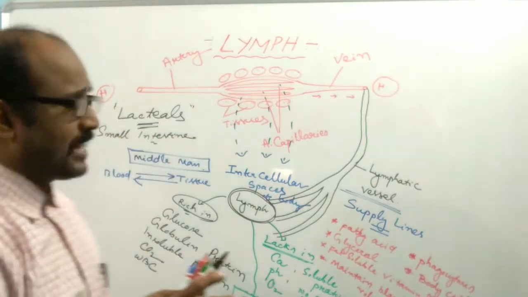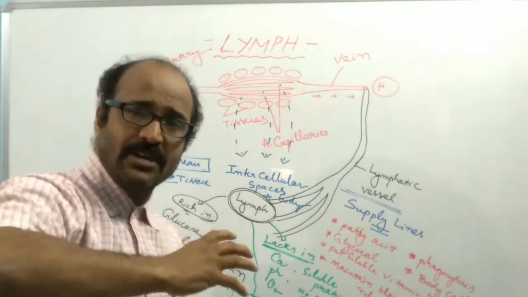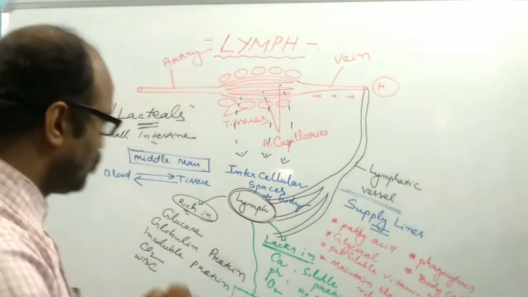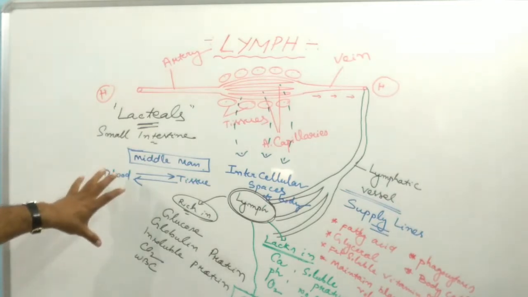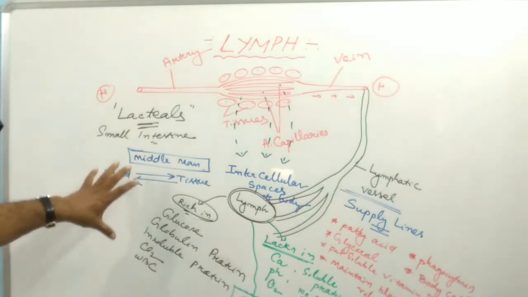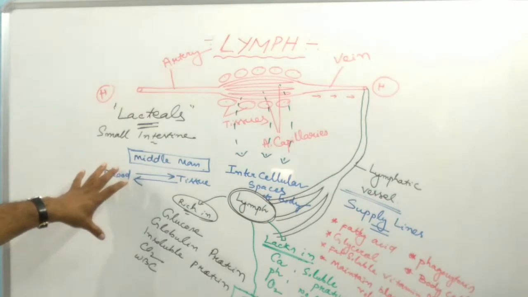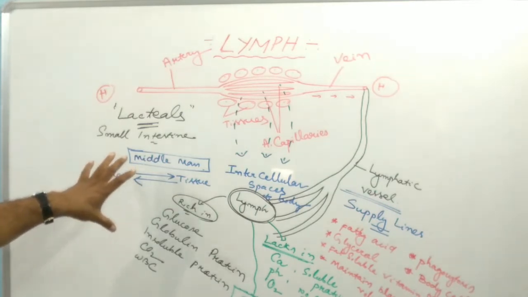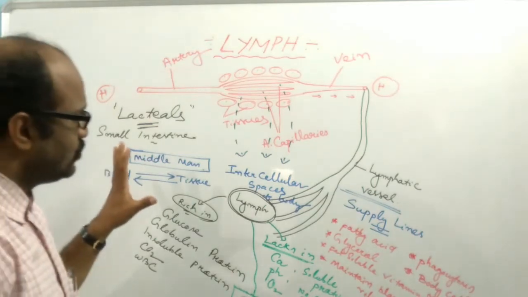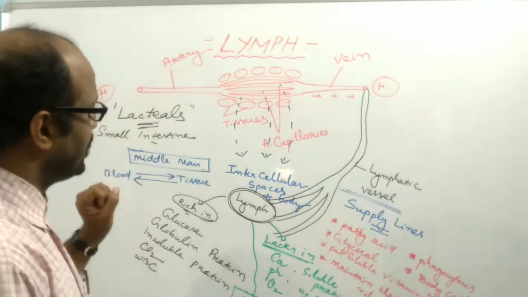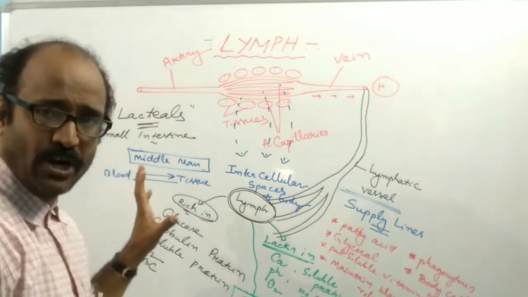So through the lacteals present in our small intestine, the digested fat is absorbed. The main thing is that the transport of fat and nutrients takes place through the lymph. So how does lymph differ from the blood?